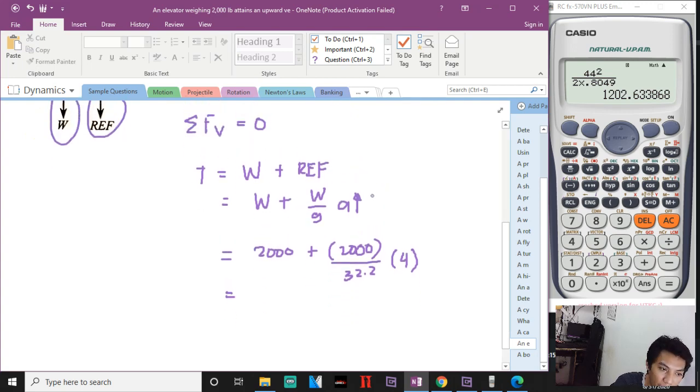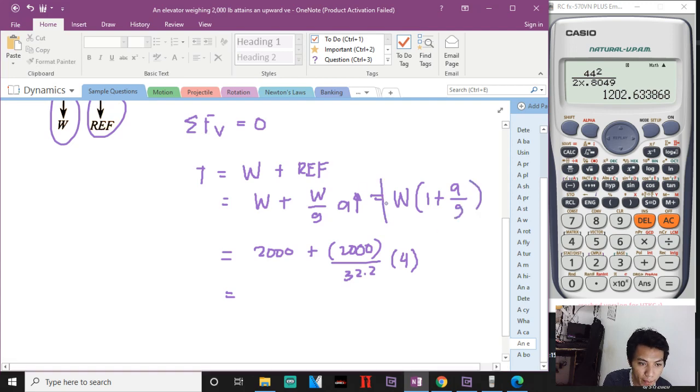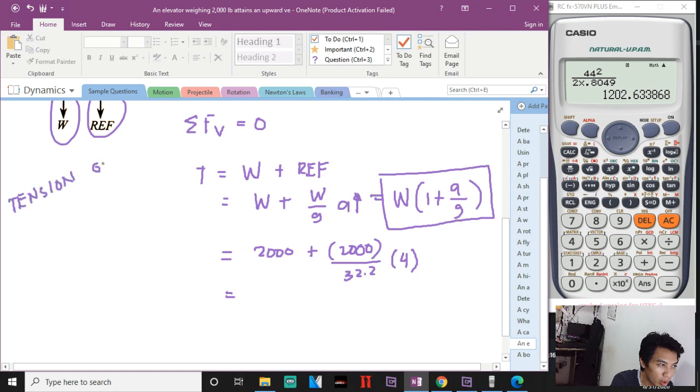Tignan mo pwede mo i-extract yung W. Magagamit nyo din yan sa wire ropes. 1 plus yung A over G. Ito na yung formula niya. Pag tension on the rope, then tension on elevator rope.